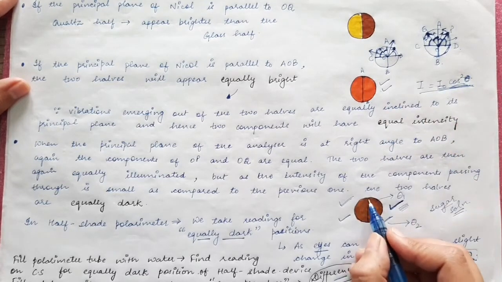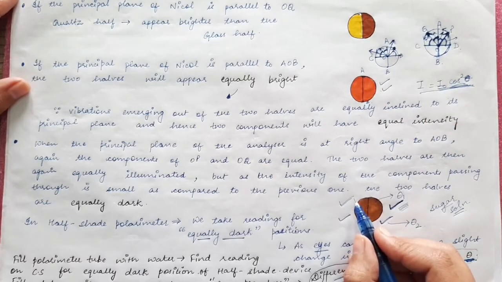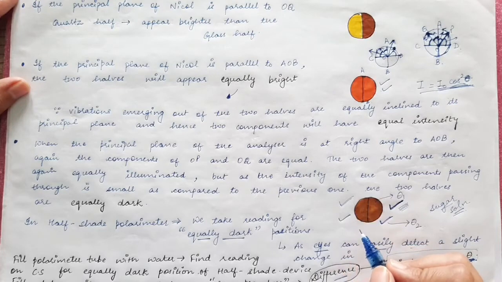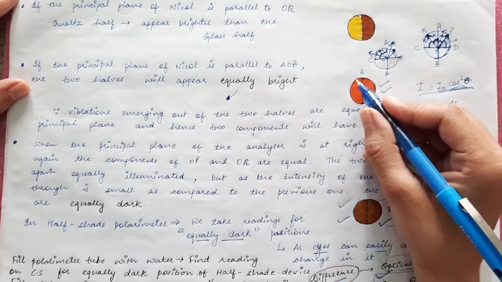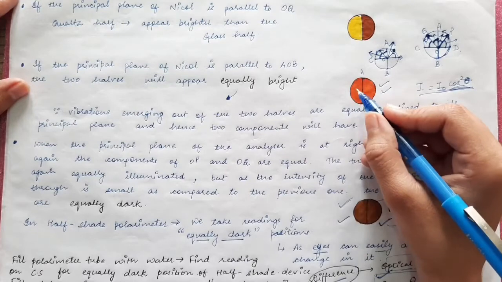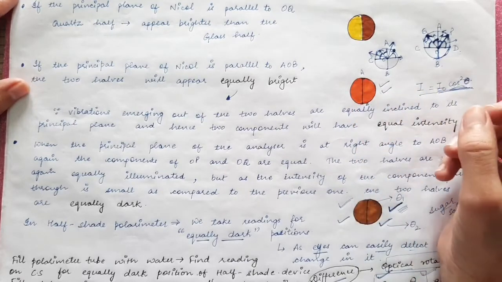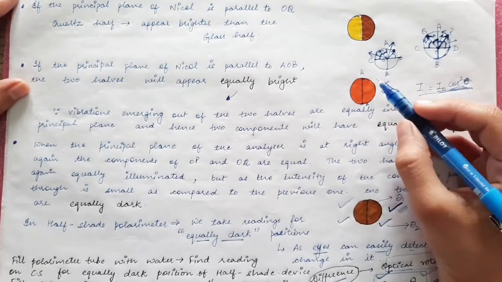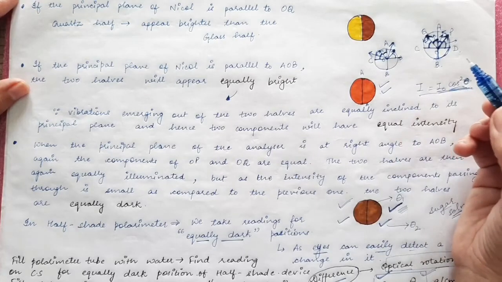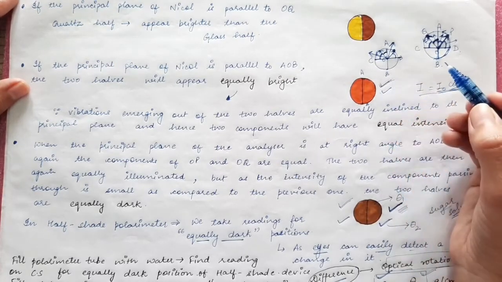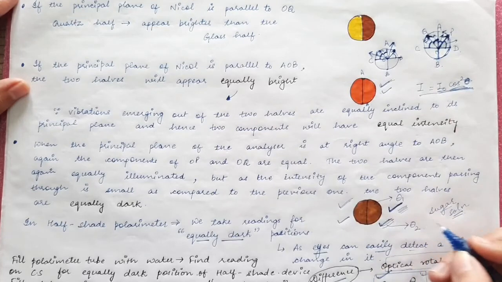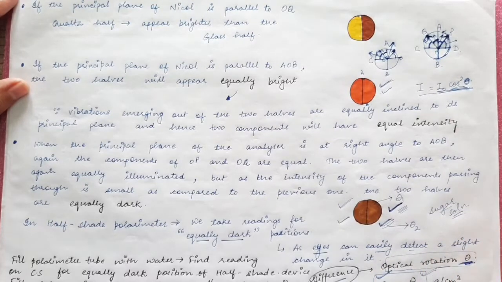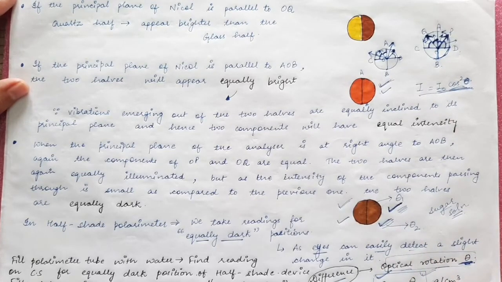But in the dark case, when one half starts appearing brighter, we can easily detect that with our eye. But in the bright case, when one half starts appearing dark as you rotate the analyzer, that is very difficult to detect. So in this case, you do not get accurate results. But in the dark case, we can get accurate results. So this is how we find the optical rotation with the help of the half shade polarimeter.